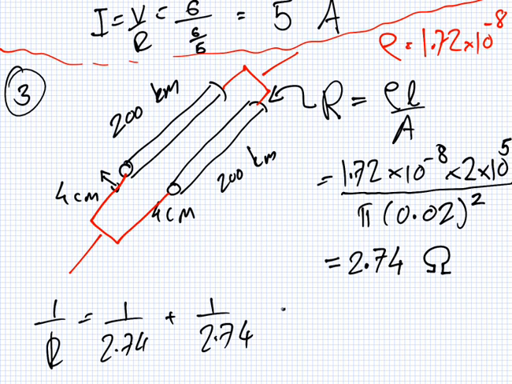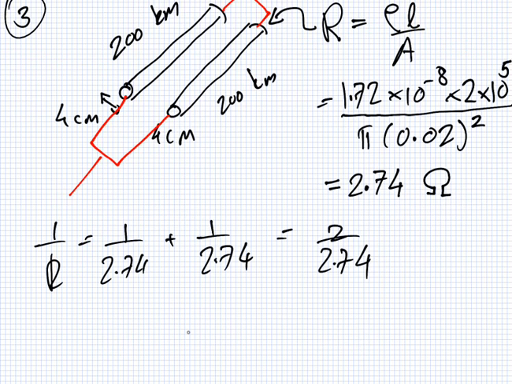The total is 1 over 2.74 plus 1 over 2.74, not 2.74 plus 2.74. So this is 2 over 2.74. So therefore the total resistance is 1.37 ohms.